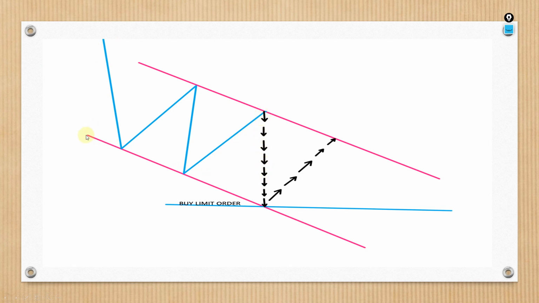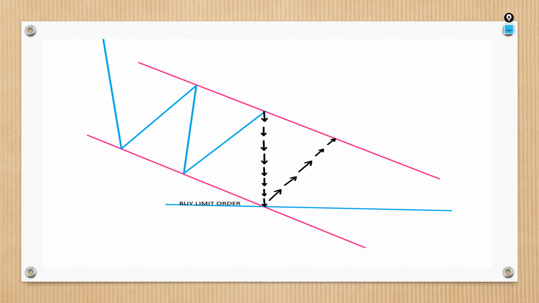And we expect, since we've determined that this line has been obeyed, we'll learn about these lines later on, we expect it to come and touch this zone and then start flying all the way up. So if price is going down like that and we want to buy a particular asset at this zone, the kind of limit order that we have to use here is what we call a buy limit.